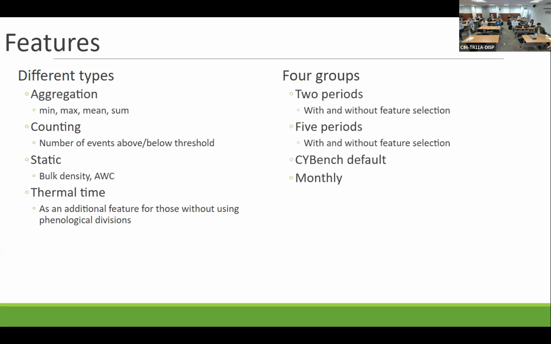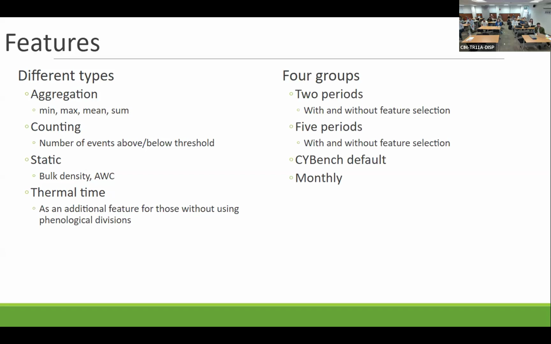And this resulted in 4 different approaches for aggregating the time series. We have 2 periods, so we take one value that represents the first developmental stage and one value for the second developmental stage. We have the 5 periods from Dilly's paper.